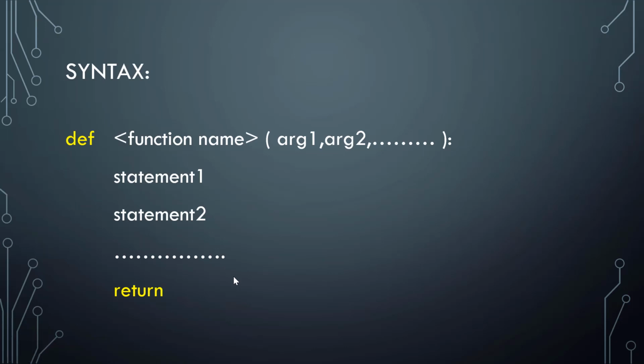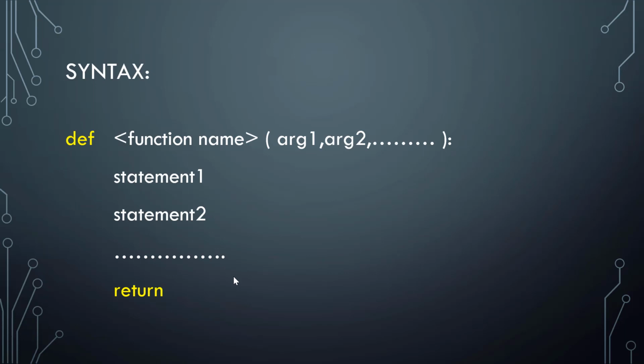So what are the benefits of functions? If you go for functions, your program will follow something called a modular approach. You are dividing the whole code of your project into modules, and those modules are nothing but a collection of functions. We write a set of functions together and we call them a module. Later on, we'll discuss how to create a module and how to import the module in our program.